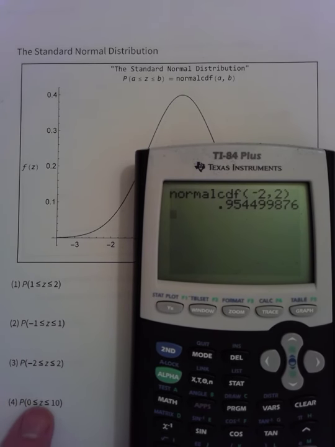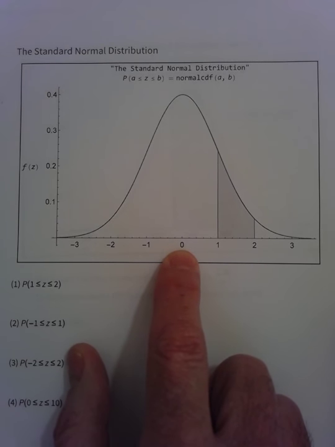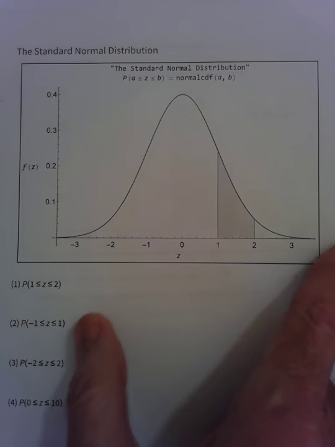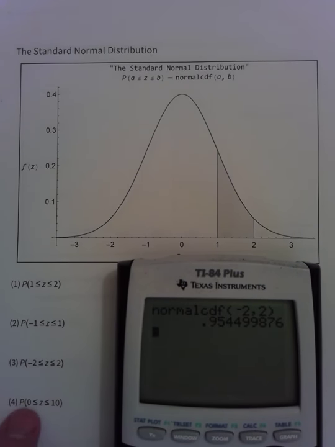Finally, we're reminded that exactly half of the values fall above the mean. On the standard scale, of course, on the z-scale, the mean is 0. So if we go from 0 to essentially forever, we should get 0.5. Well, let's try that with going from 0 to only 10 standard deviations above the mean. Second distribution, normalcdf, 0, 10.